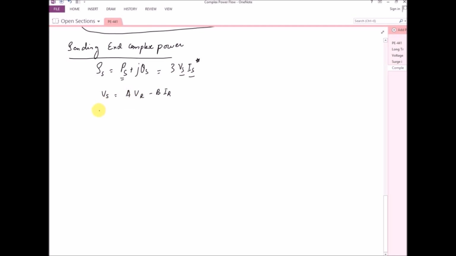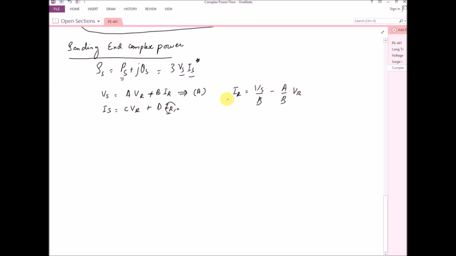So now for Is, Is is equal to CVR plus DIR, right? So now if I have to find Is, we don't know IR, right? So I will calculate IR from equation number A. It will become IR is equal to Vs over B minus A over B VR.